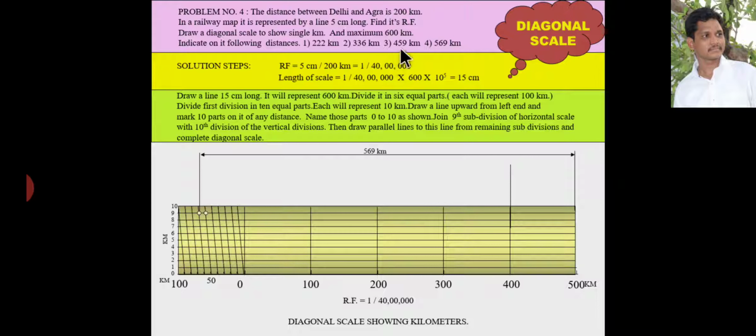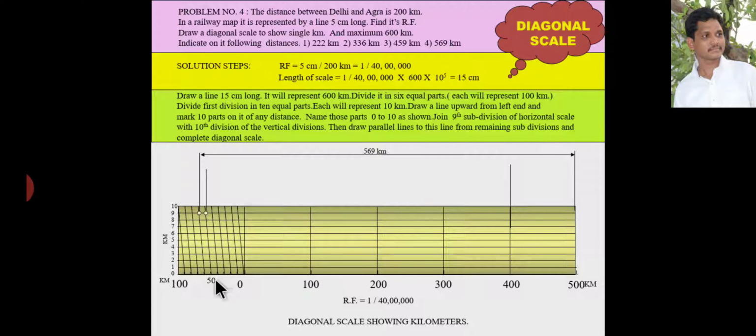Similarly, next I will show the value of 459 kilometers on this scale. So you have to divide this 459 into 400 kilometers plus 50 kilometers plus 9 kilometers. First of all, you have to represent the value of 59 kilometers.